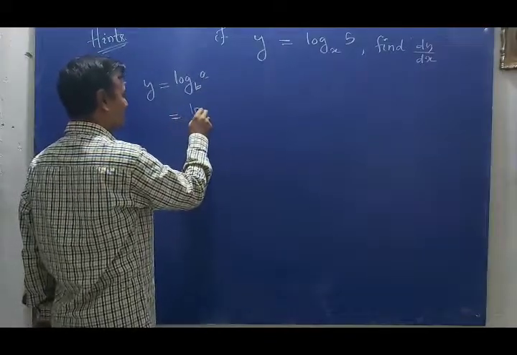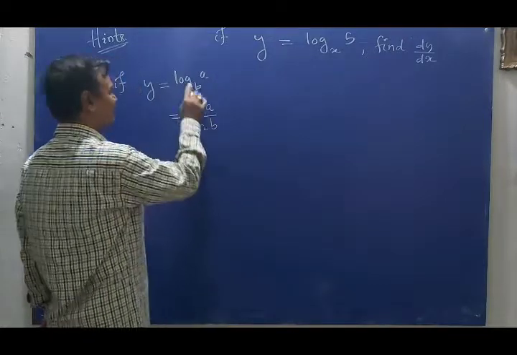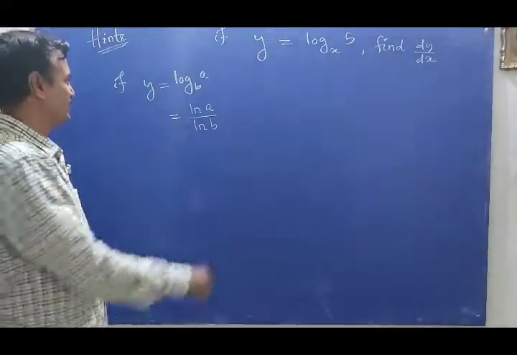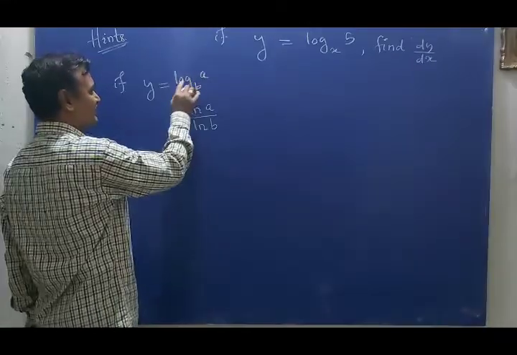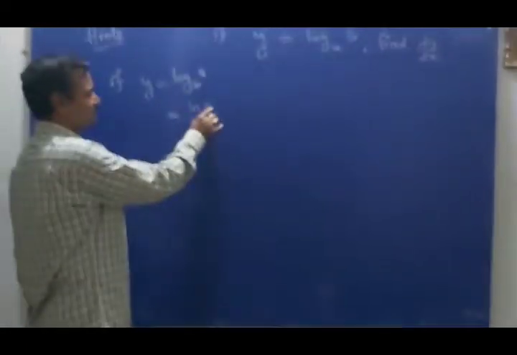this can be expressed as ln of a by ln of b. Log of a base b is defined as ln of a by ln of b. Ln means base is e.